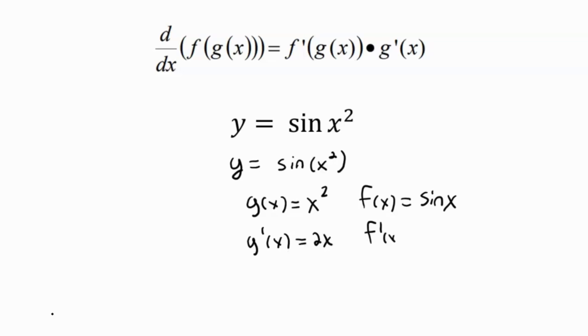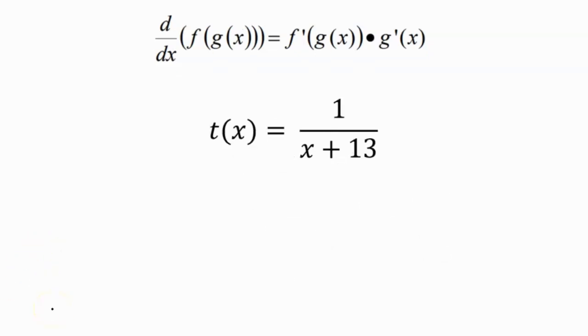My f prime of x would be cosine x. So putting these together, y prime is going to equal f prime with g of x plugged in. So it's going to be cosine x squared times g prime, times 2x.